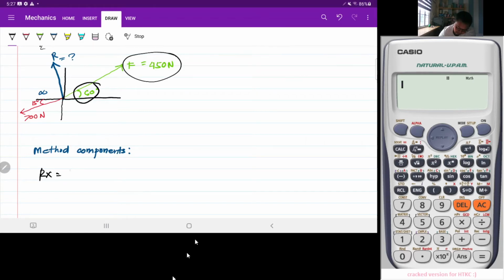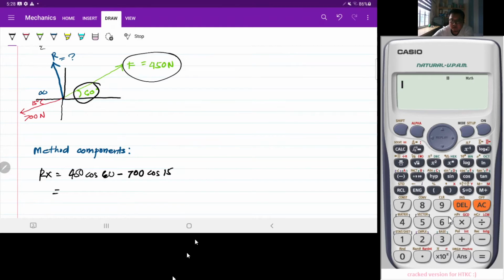Let's assume forces going to the right is positive. So F is going to the right. So 450 cosine of 60 minus 700 cosine of 15. Okay, so what is Rx?